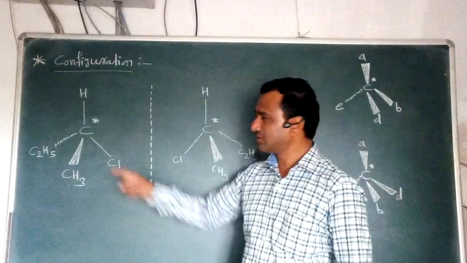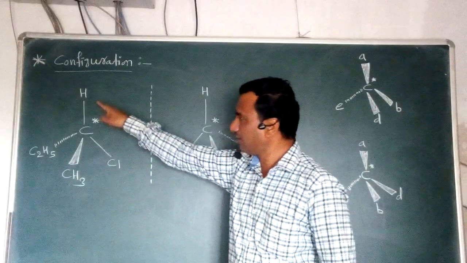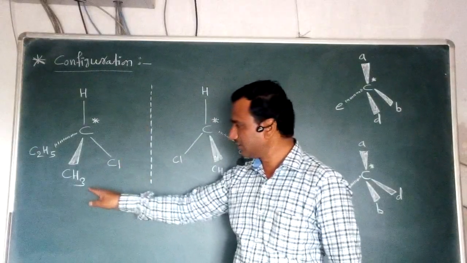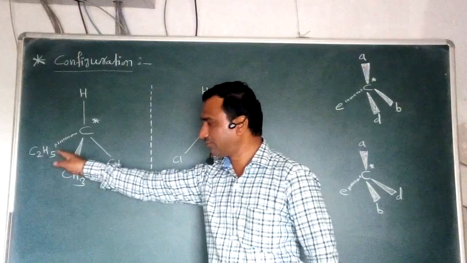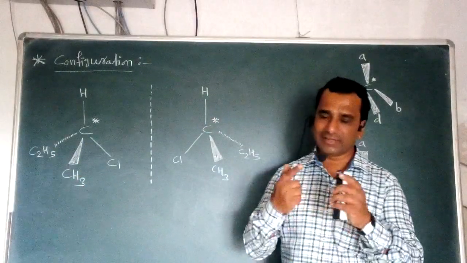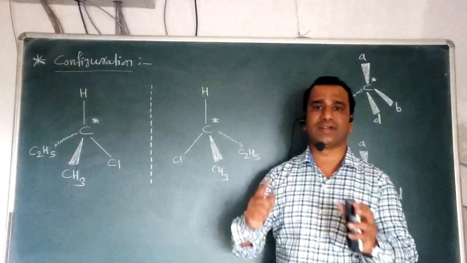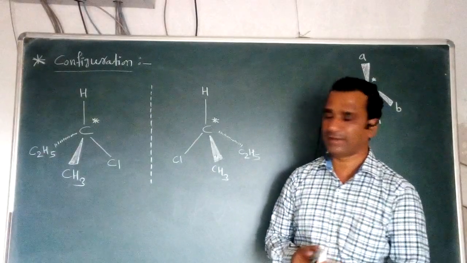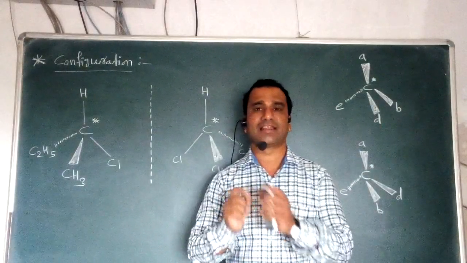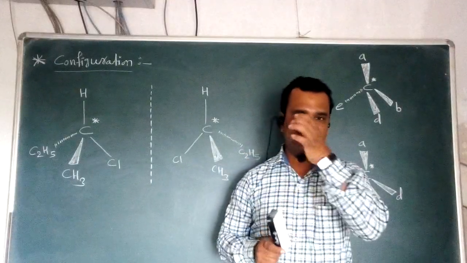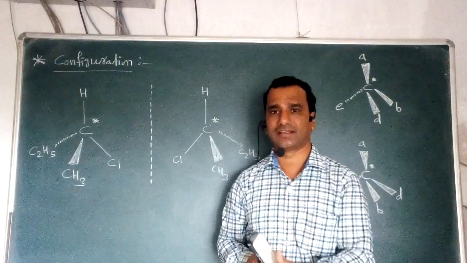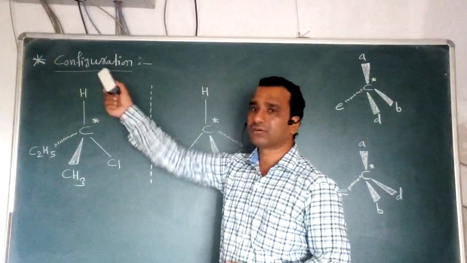In this case, what happens? The four different atoms or groups are: one is hydrogen, second is chlorine, next is a methyl group, and fourth is the ethyl group. So this carbon has four different types of atoms or groups, and that's why it is called a chiral carbon atom, and that center is called the chiral center or asymmetric center. Now, what is meant by the word configuration?